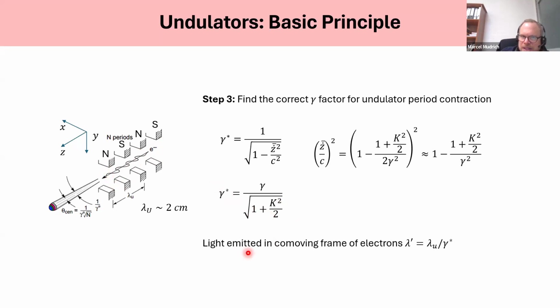So light emitted in the co-moving frame, in the electron rest frame, there we get this first Lorentz compression of the wavelength, but according to the relativistic parameter gamma star, that includes the undulator parameter, taking into account that it's not a straight trajectory, but an undulatory motion.